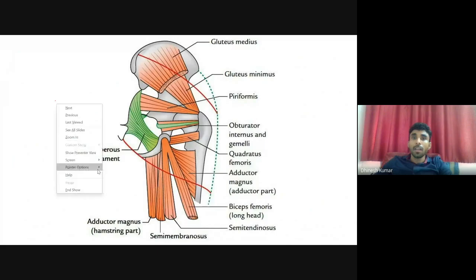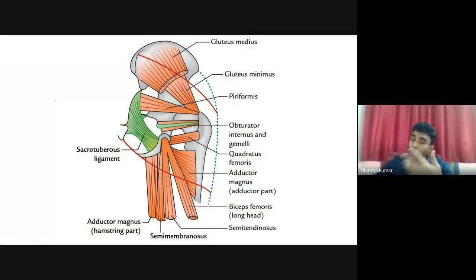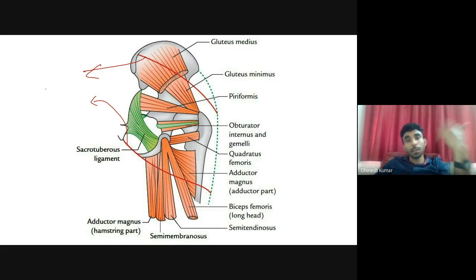And another possible subquestion I told you for gluteus maximus is: mention any four structures under cover of gluteus maximus. As you see in this diagram, the red lines indicate the outline of gluteus maximus. The muscle has been removed here in order to expose the structures under cover. What are the various muscles you are seeing here?